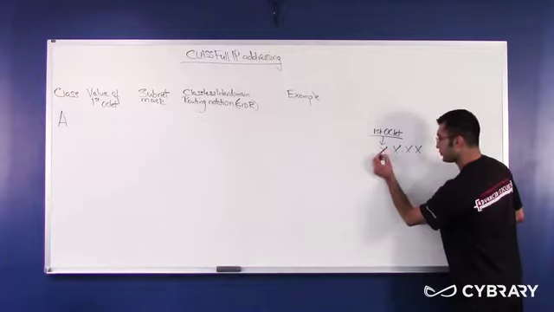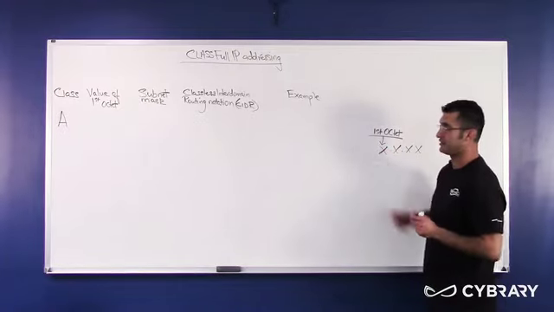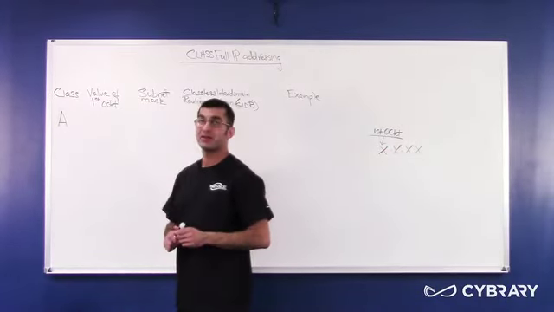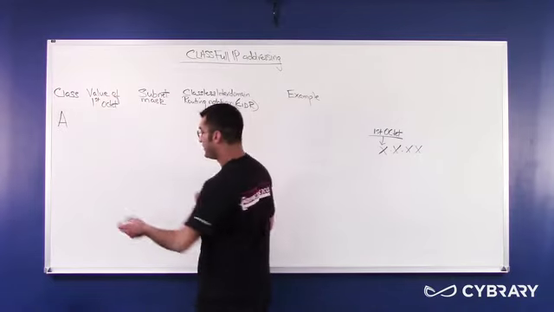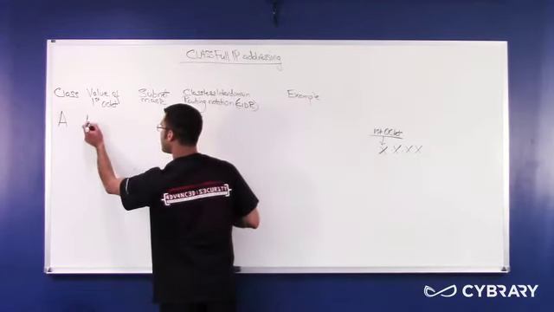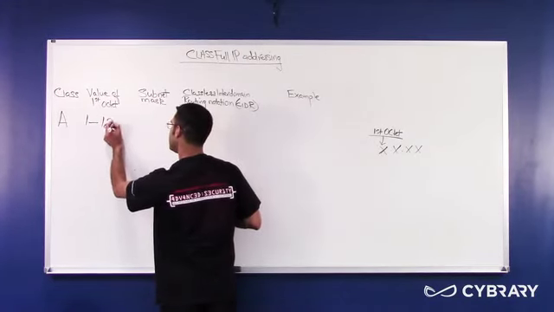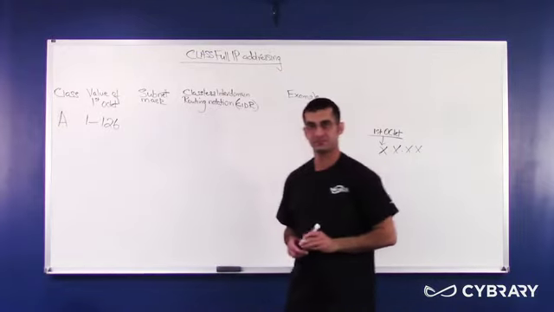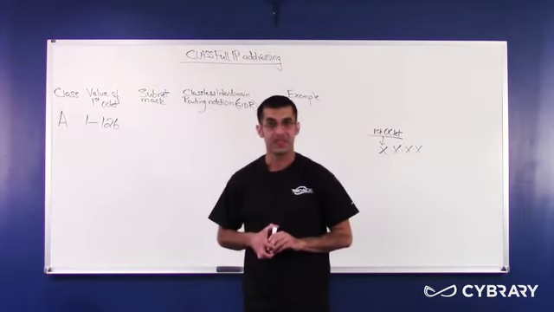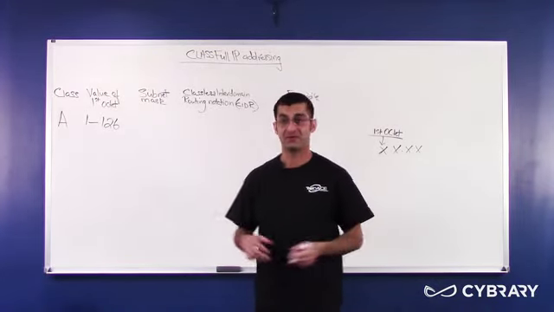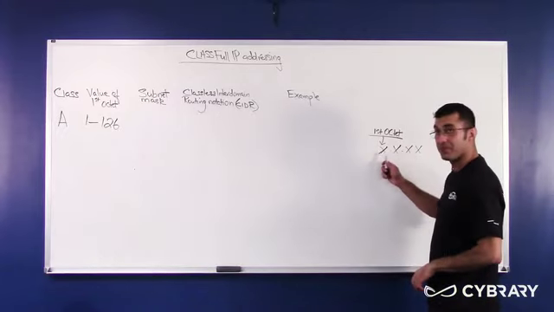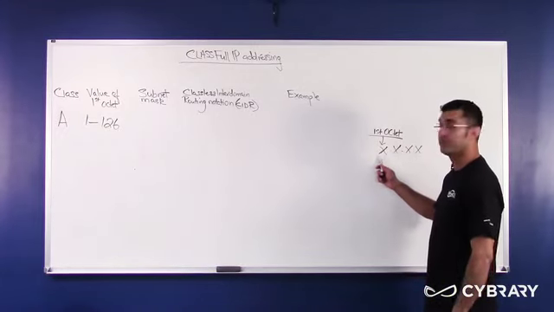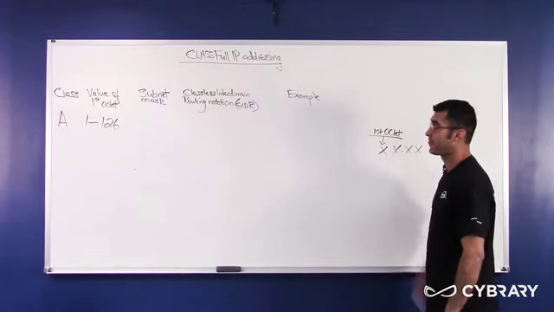So I'm only going to put the value of the first octet. For Class A addresses, the value of the first octet has to be a number between 1 and 126. It has to be. If it's not, then it's not a Class A address.